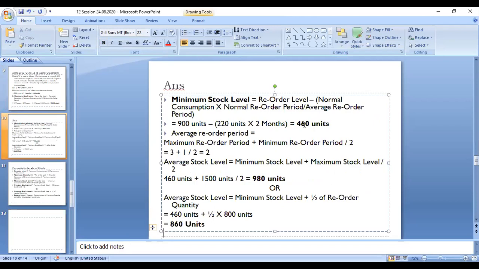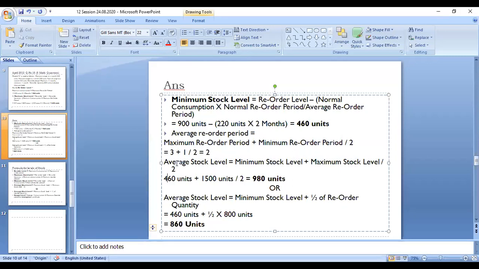For this calculation, normal reorder period is not given, so we have to take average reorder period. So the answer is 460 units for the minimum stock level.